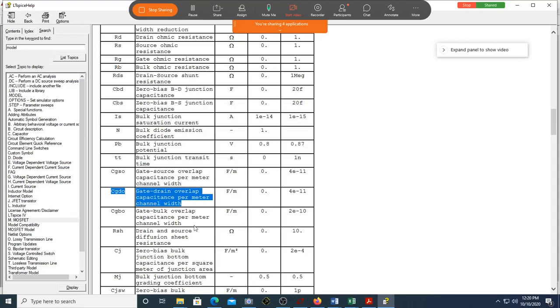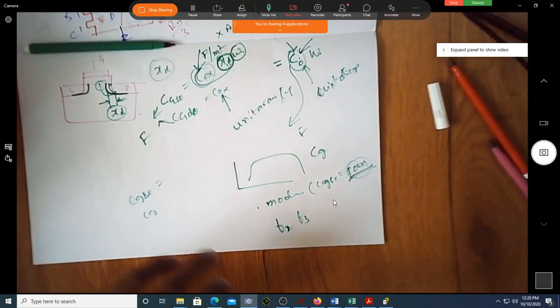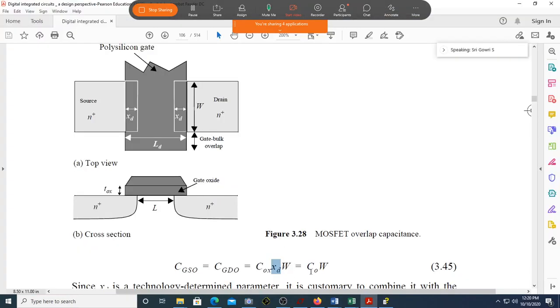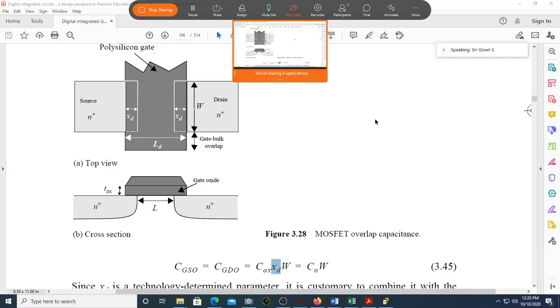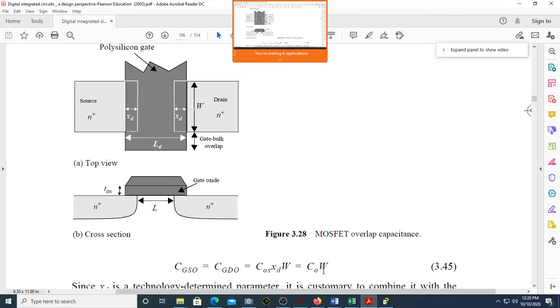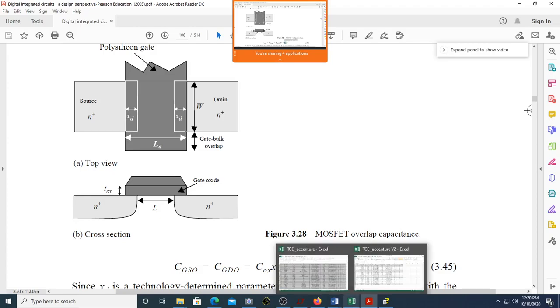Yes, sir. That's why we are doing this, and that's why we have this here: C naught into W. CGSO, CGDO are C naught into W. So what is this C naught now?